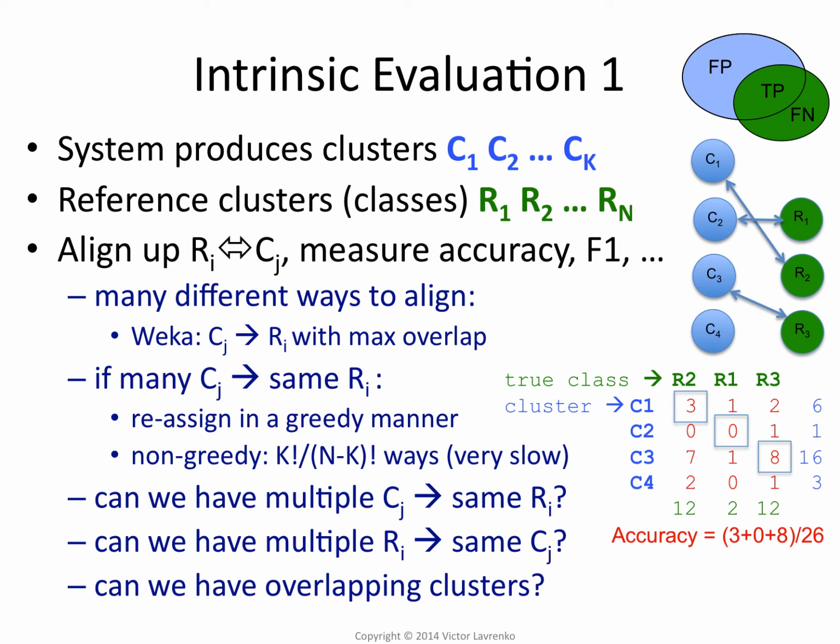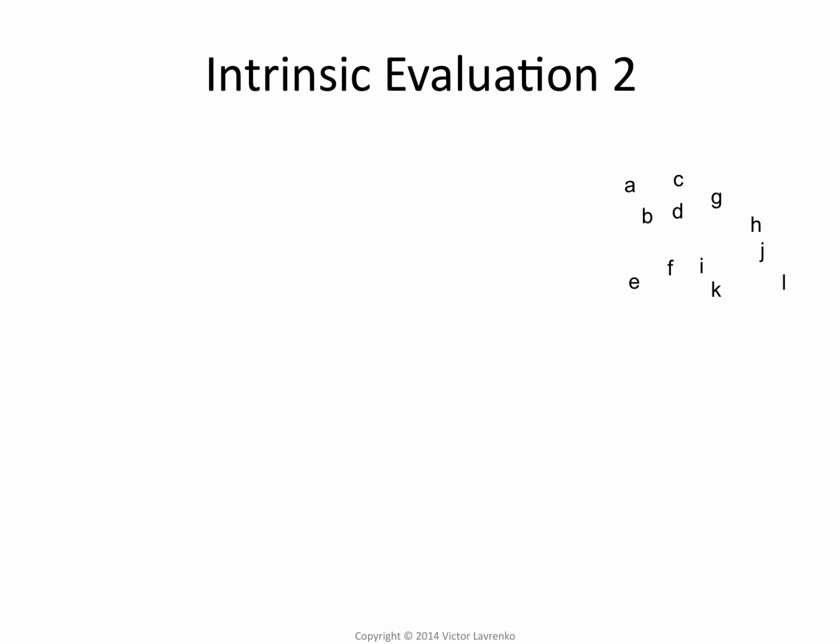For every element in the power set, there is a class that corresponds exactly to that element. So if you allowed overlapping clusters, if some system could produce a power set, you would get 100% accuracy. And of course, a power set is not a useful clustering at all. It's like saying, here are all possible clusterings of the data for you, pick the one you like. So all of that goes to say is evaluating clusterings. It's not easy. It's a pretty hard task.